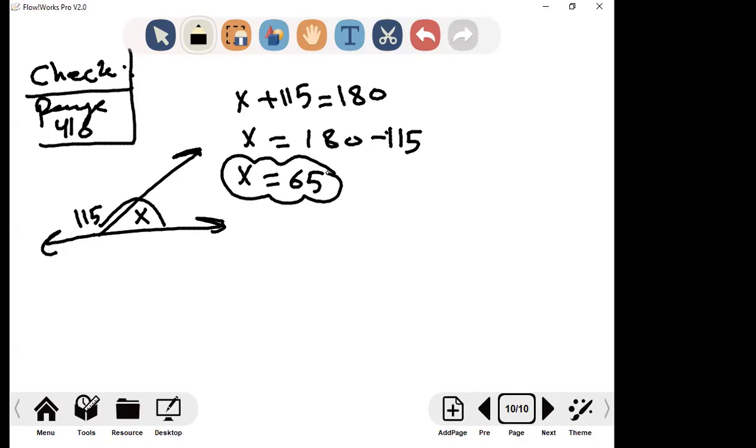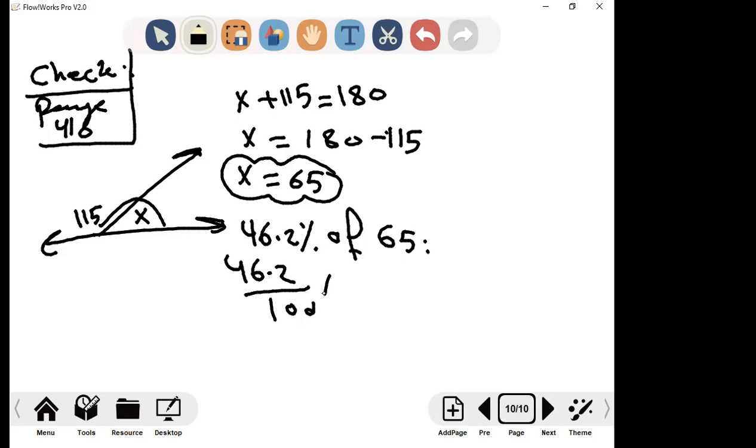They reduced it by how much? The percent. 46.2% of this angle, which is what? Let's find it. 46.2 over 100 multiplied by 65. This is over 1.